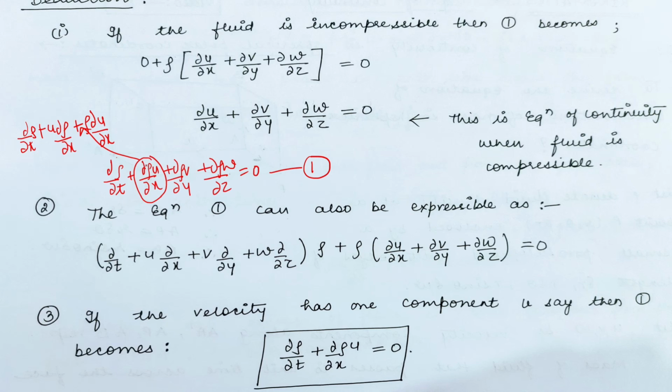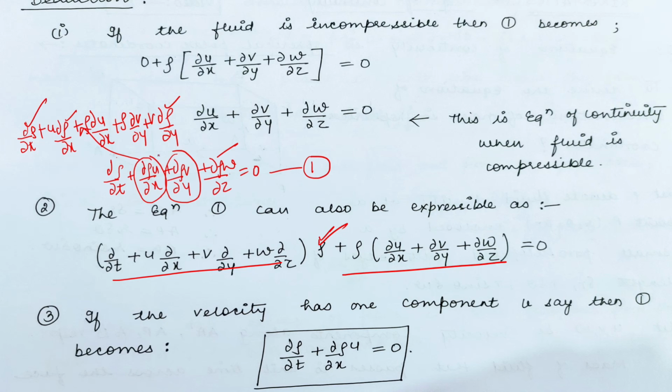Differentiating with respect to u and taking rho out, then differentiating with respect to rho and taking u out. Similarly, we can make two terms from this single term: rho del v by del y plus v del rho by del y. Similarly for the z term. The terms where we can take rho common, we have written with del rho by del t.